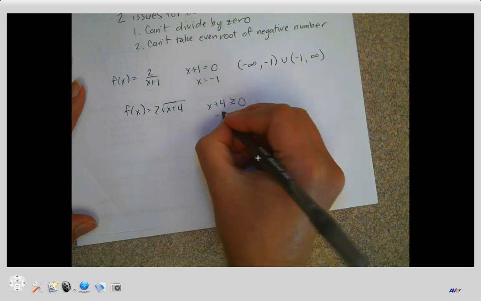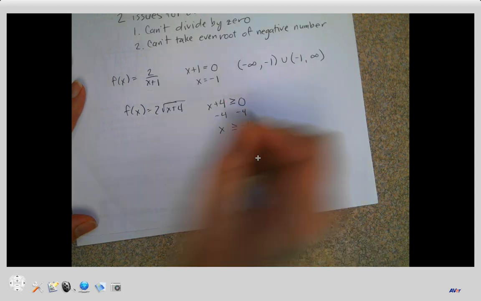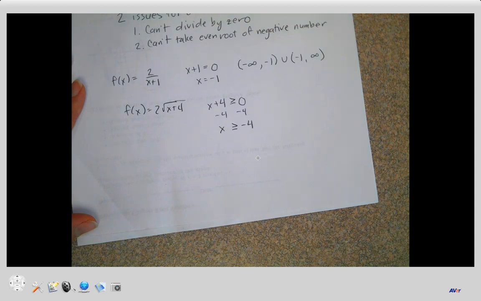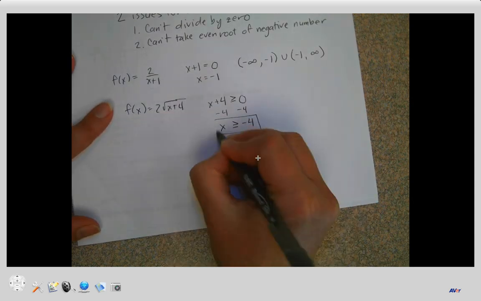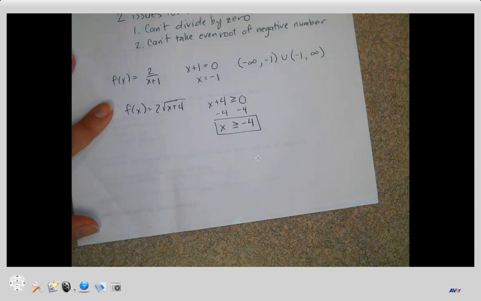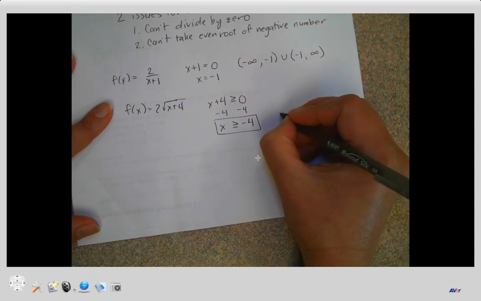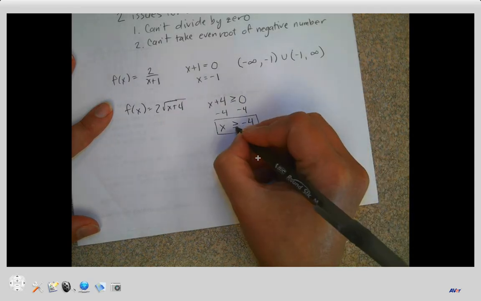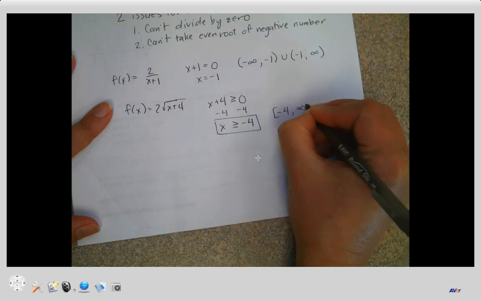So we solve that, and we get x has to be greater than or equal to -4. Is that our answer? Actually, yes, that is our answer in this case. We could keep it like that using inequalities, or we could write it using interval notation. Greater than or equal to -4, so we're going to start at -4 and go up to infinity.